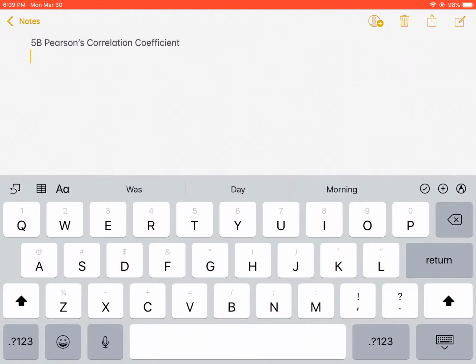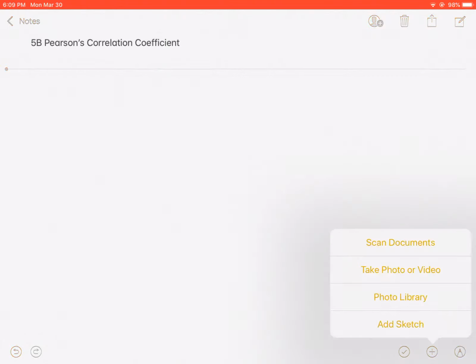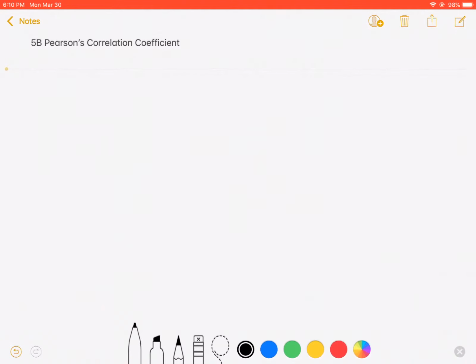Let's see if it'll paste the picture. Doesn't look like it. Okay, so I'm going to just write what the table said.